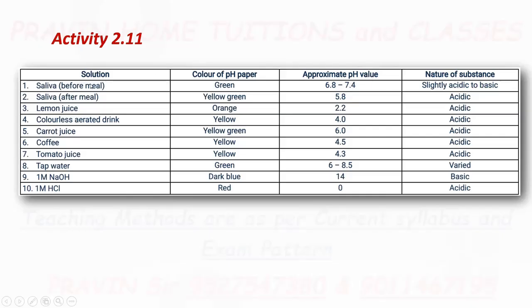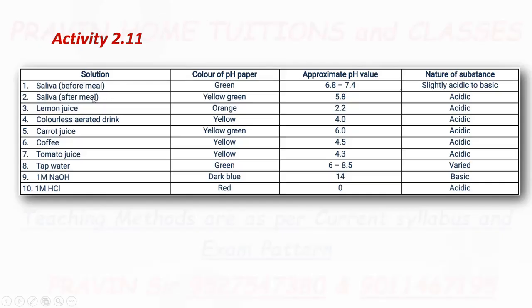See, saliva before meal: color of pH paper green, approximate pH value 6.8 to 7.4. So it is slightly acidic to basic. We can say it's neutral. 7 is neutral. So it's slightly acidic, slightly basic.